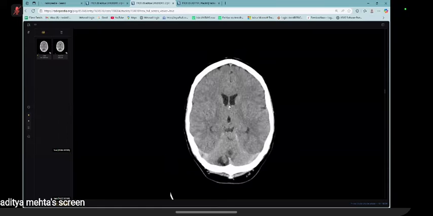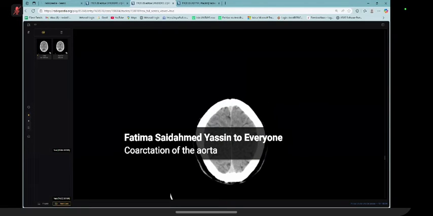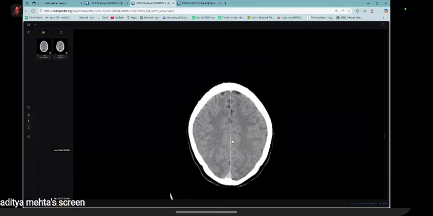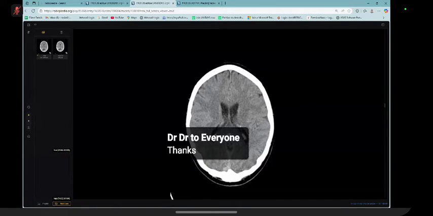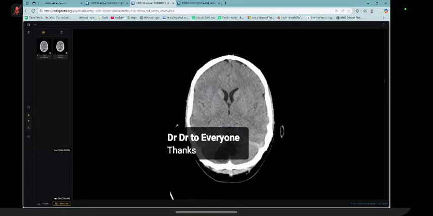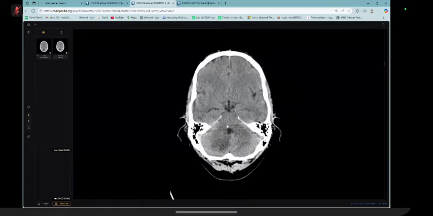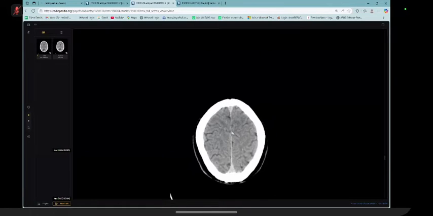In the superior supratentorial location, there is no evidence of any hemorrhage or ischemia. There are hyperdensities in the superior sagittal sinus right over here.